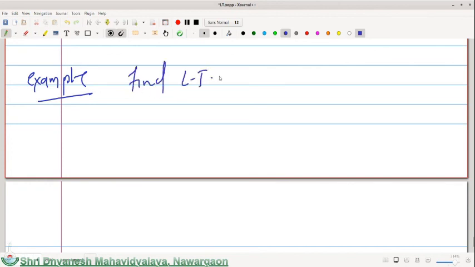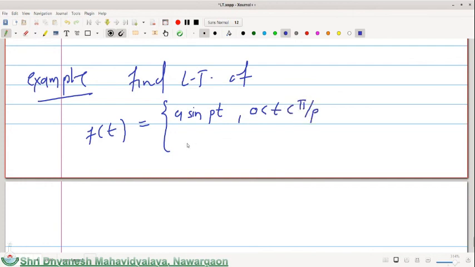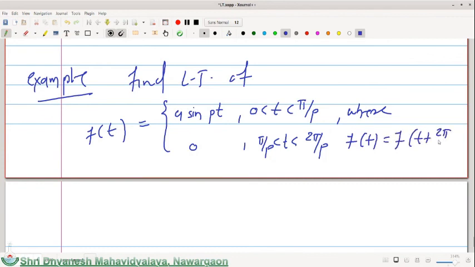Find Laplace transform of f of t equals a sin pt when t lies between 0 and pi by p, and f of t equals 0 when t lies between pi by p to 2 pi by p, where f of t equals f of t plus 2 pi by p.